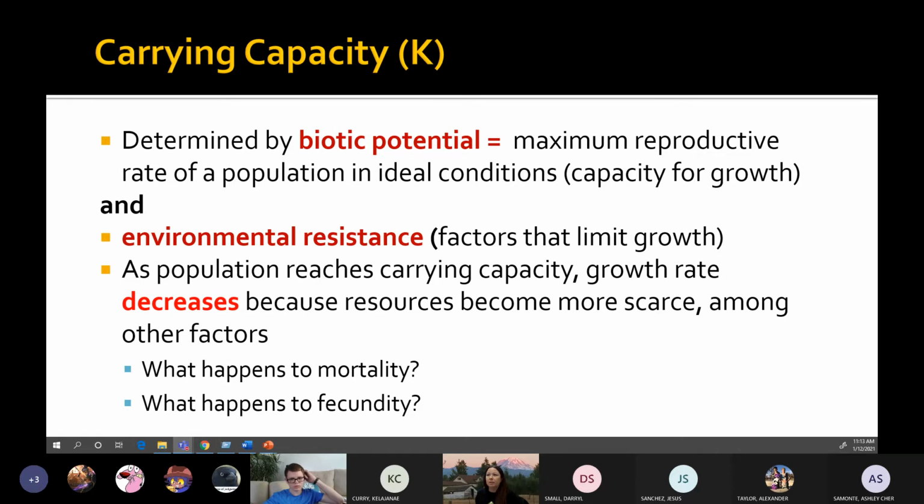And then as populations reach the carrying capacity, growth rate decreases because resources become more scarce, along with other things. If you think of going back to our 4 square kilometer example, as your population grows and you only have that amount of space, eventually you're going to run out of space. You're going to run out of food, or you're going to be competing for food.